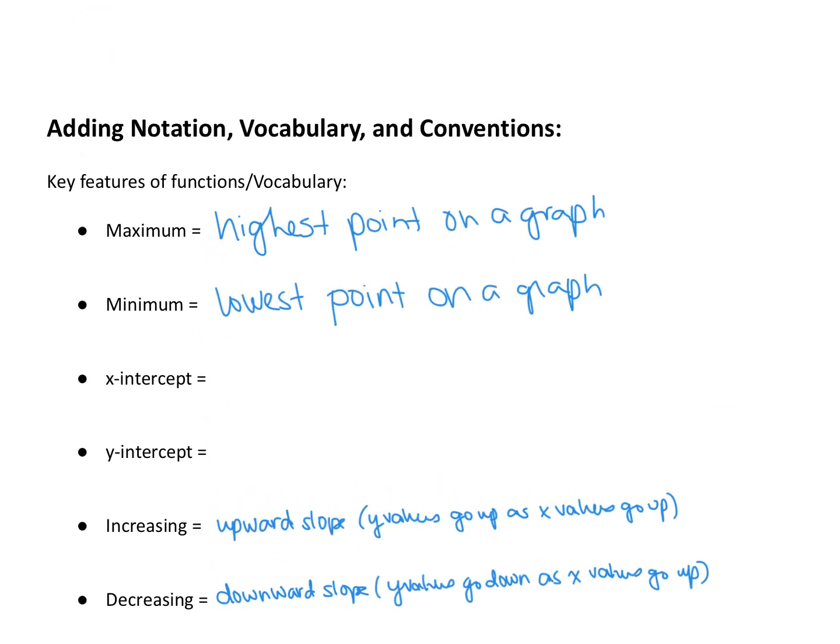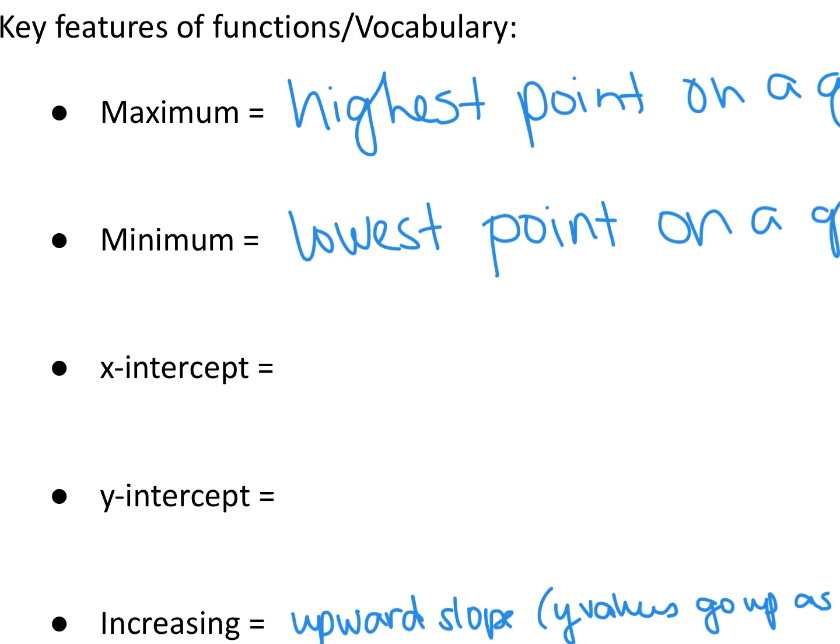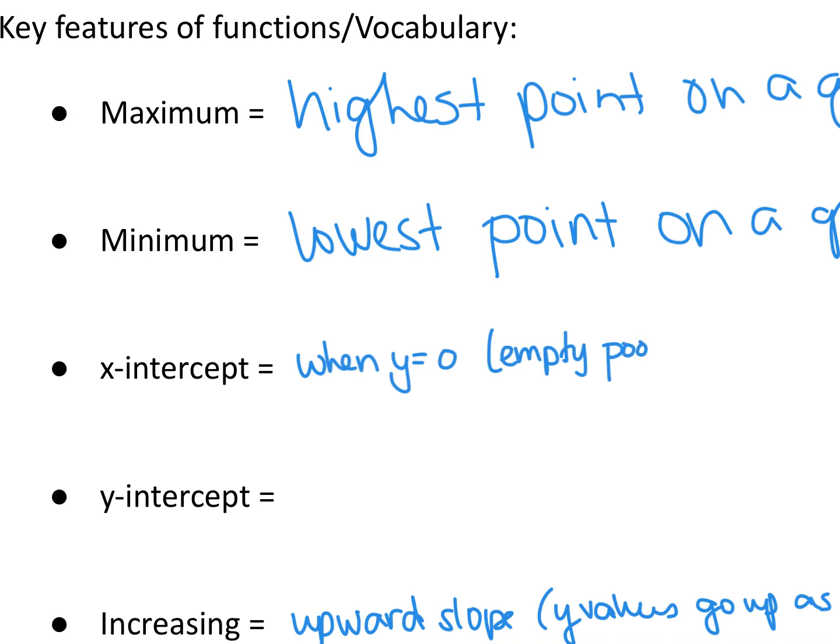So x-intercept is when y equals 0, right? That was all the way at the bottom where y equals 0. That's when we had our empty pool.